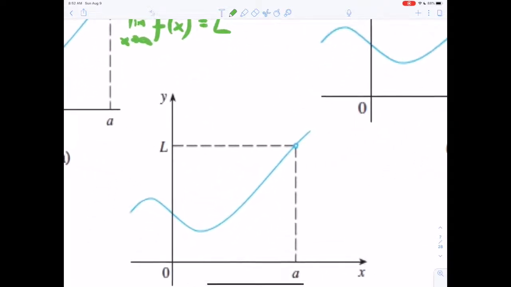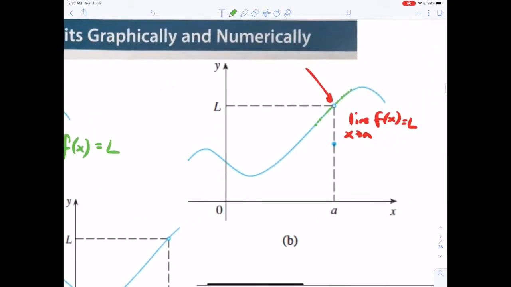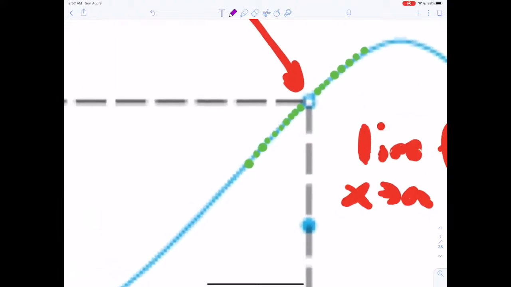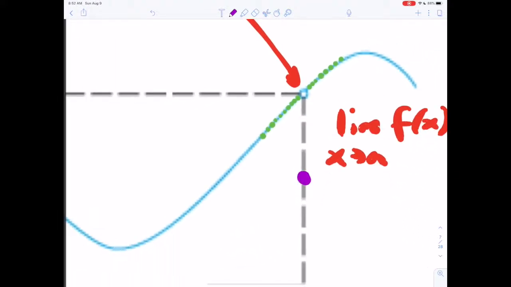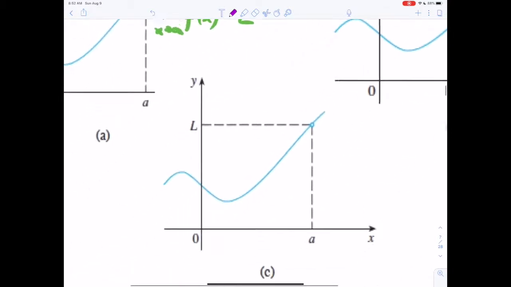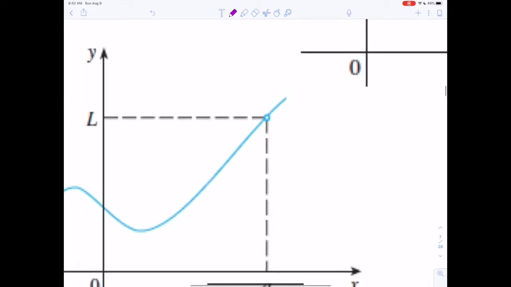Now here, there's a hole, but it's not even defined. So if you go back to this picture, sorry. Even though it's not defined at this hole, exactly at A, you get some random value down here. Okay? But down here, there is no value. So does the limit exist as x approaches A here?